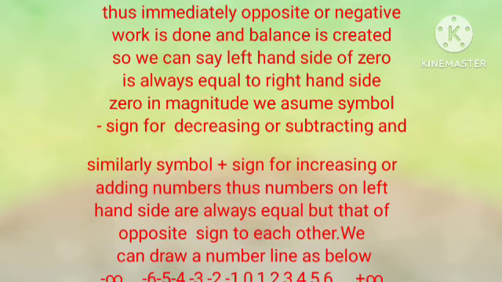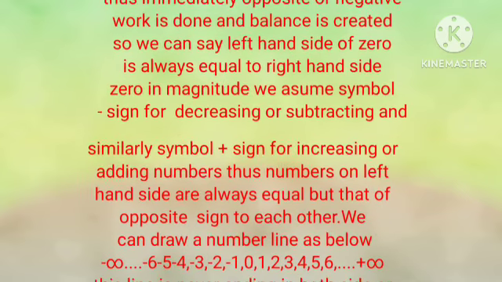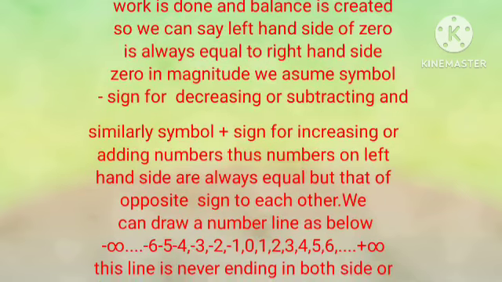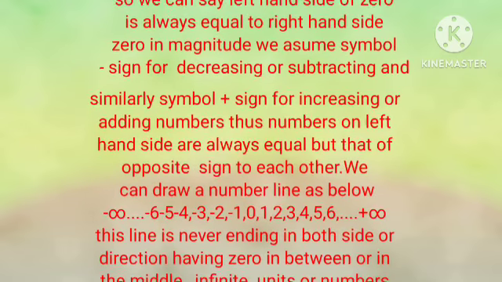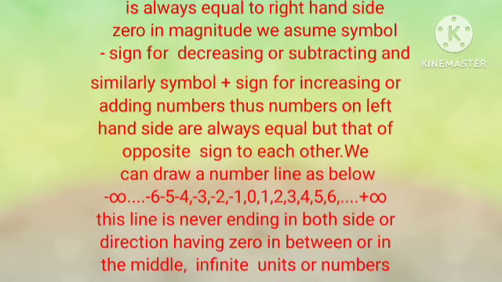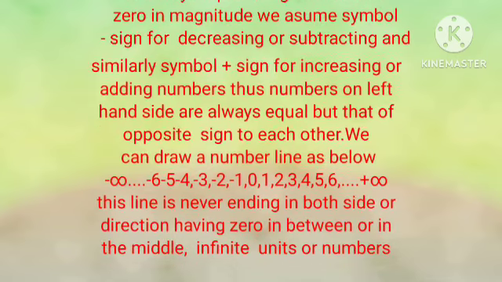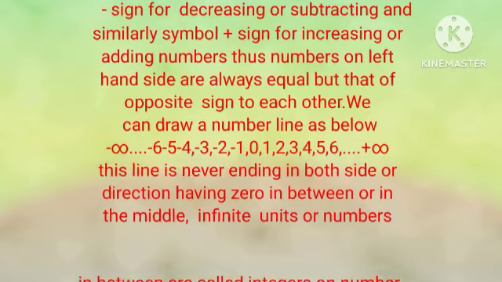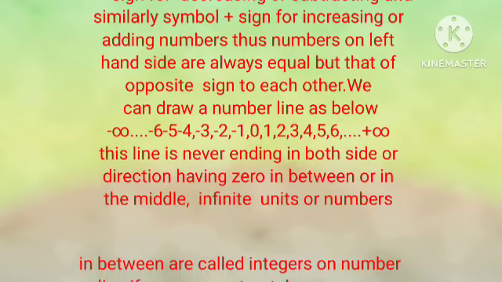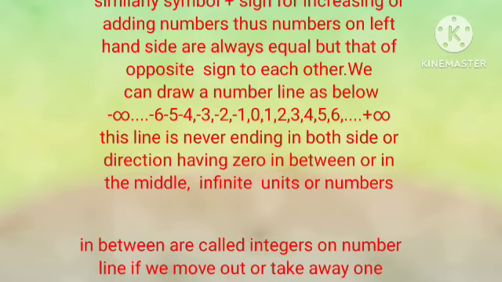We can draw a number line as below: minus infinity to plus infinity, 0 being in the middle. This line is never ending in both sides or directions, having 0 in between. Infinite units or numbers in between are called integers on the number line.